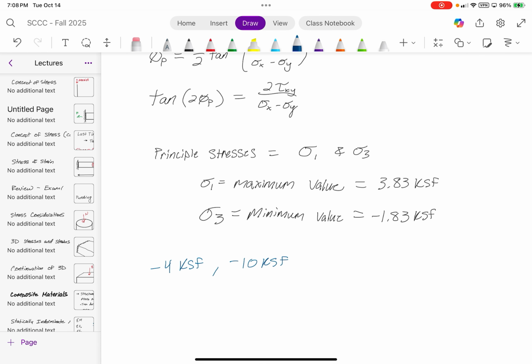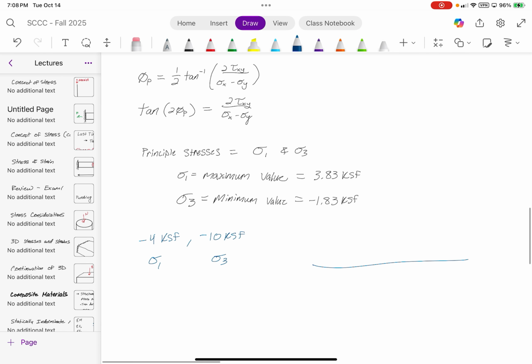Which one's greater, negative 4 or negative 10? Which one's the maximum? Negative 4. So negative 4 is your principal stress sigma 1, and negative 10 is your principal stress sigma 3. Think of it like this. If you were to plot it along the x-axis, sigma 1 is always going to be on the right-hand side of sigma 3. Think of it like that, all right?